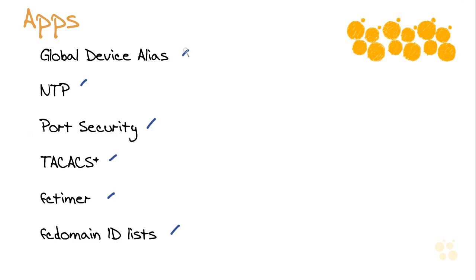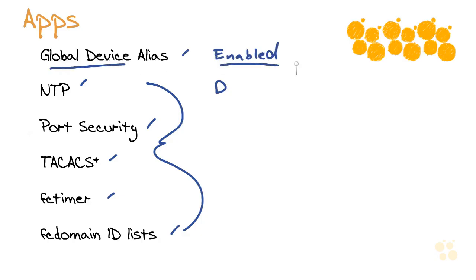And these apps that can take advantage of Fabric Services will either be enabled by default, so you don't have to really do anything in order to take advantage of the feature, or they'll be disabled. Now, it just so happens that all of these are disabled by default, and global device alias is an example of a feature that is enabled by default.